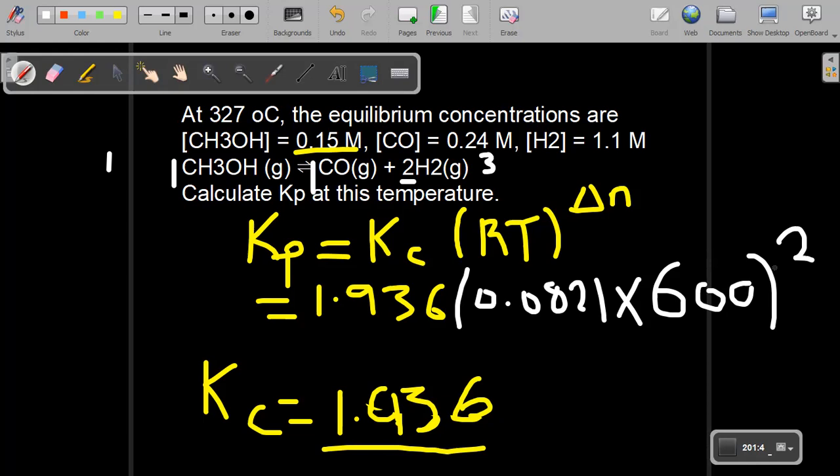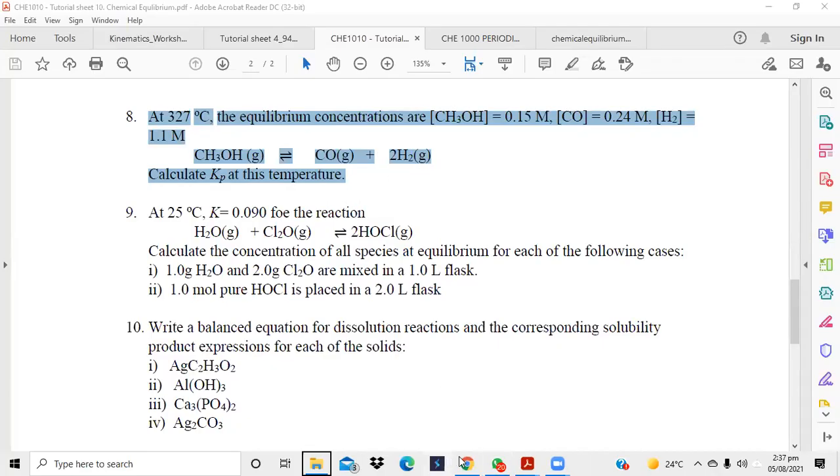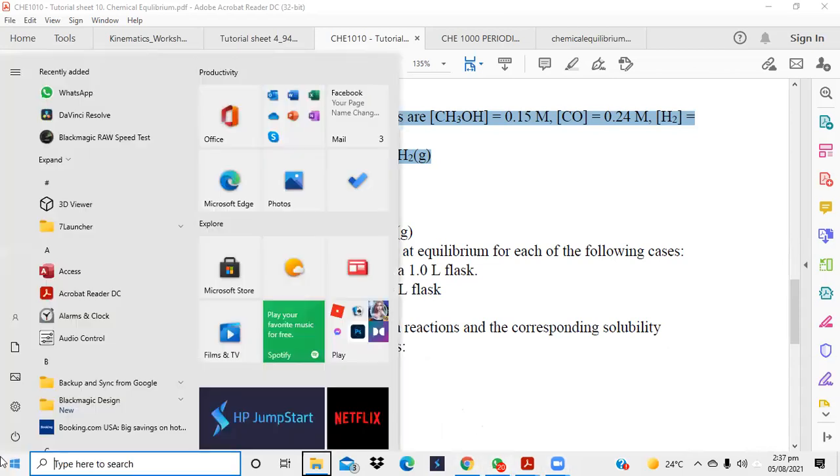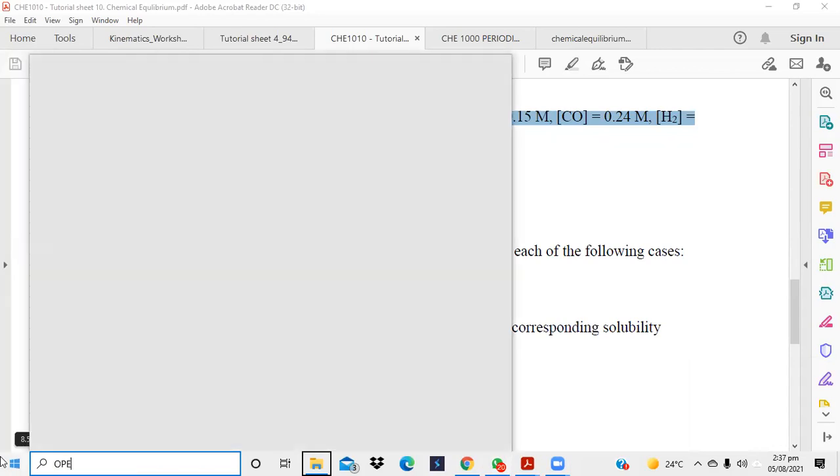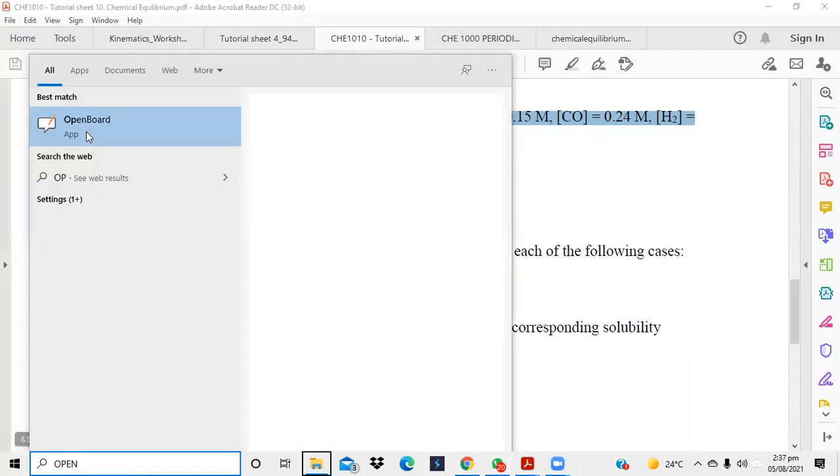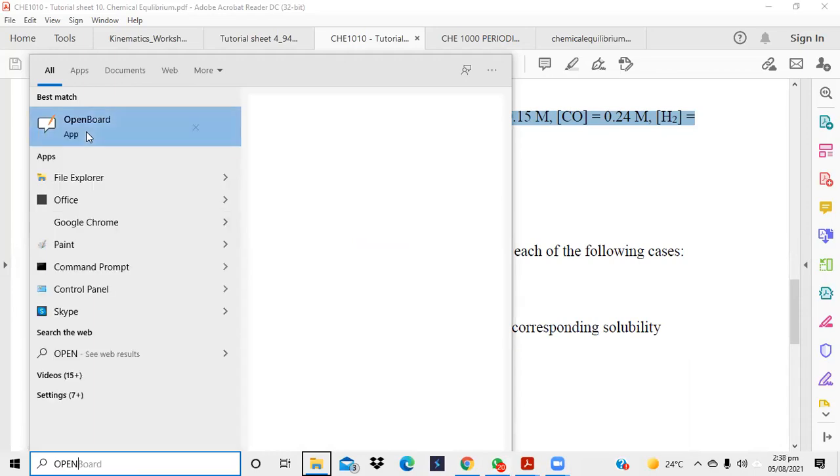Sir, I have a question. Sure, you can go ahead. How did you find the 2 on the change? I've even lost the board. Okay, let me just look at. So I said the stoichiometric summation on the right hand side was 3, right?